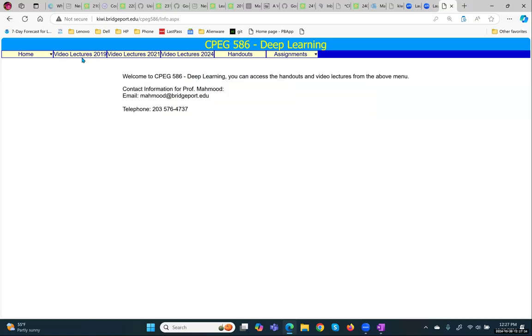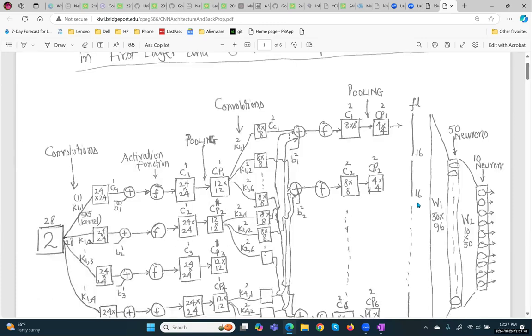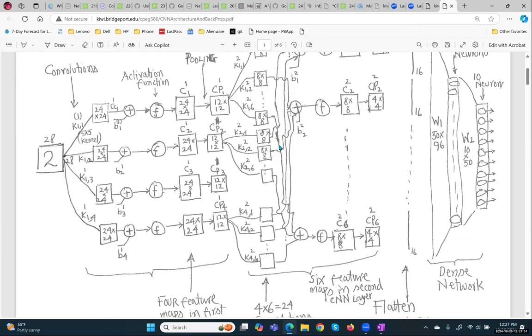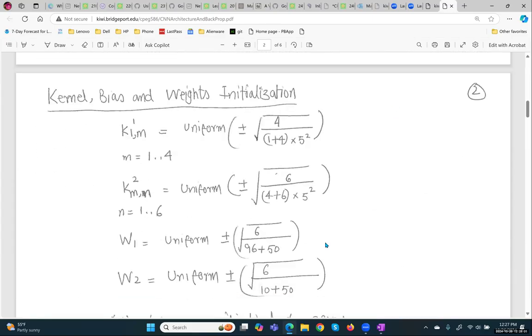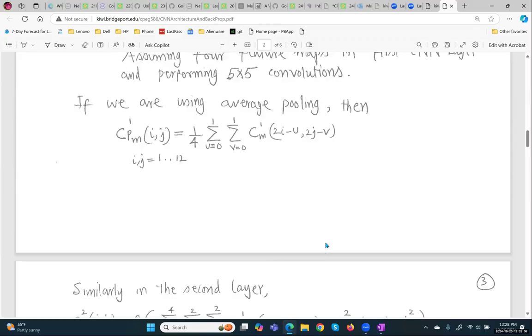So if I log in, somewhere over here I have the CNN architecture and backpropagation for it. Anyway, I'll go over this in detail in the next lecture. So there are some convolutions being done over here, and so on, right? As we go back, where did it go?